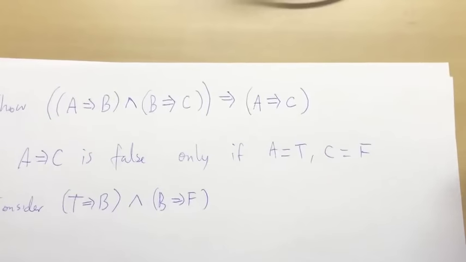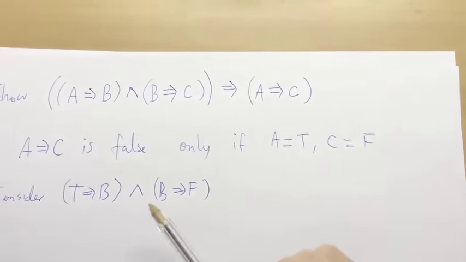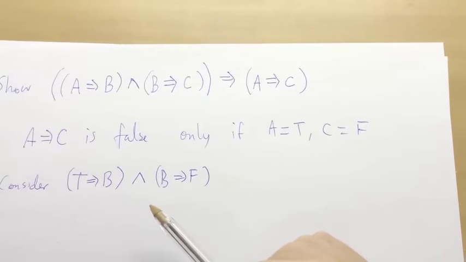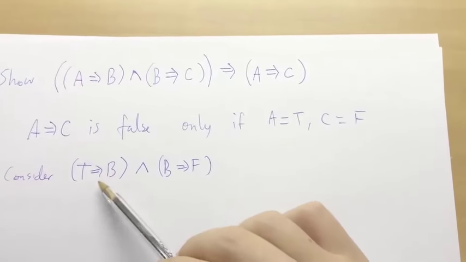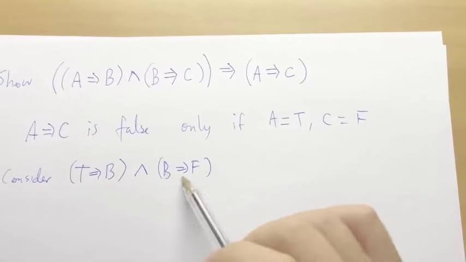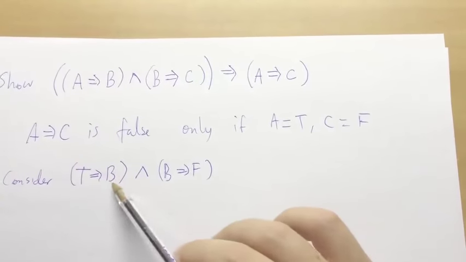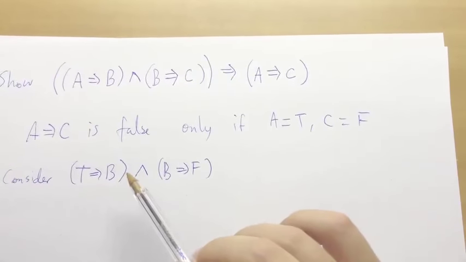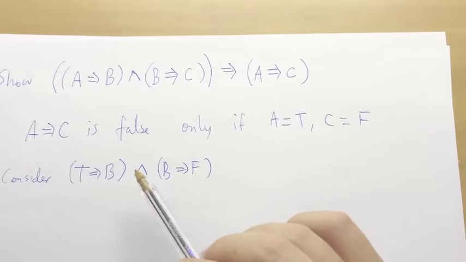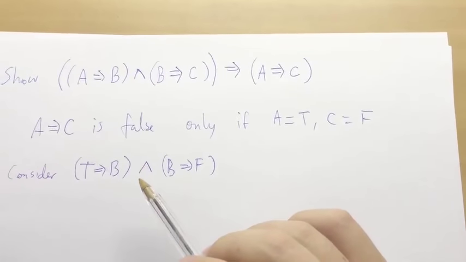Okay, so that's what the left hand part of this implication is. And both these things have to be true. So we just have to show that one of these cannot be true, and we'll be done.